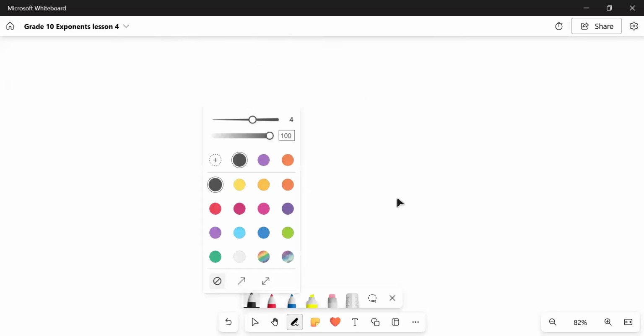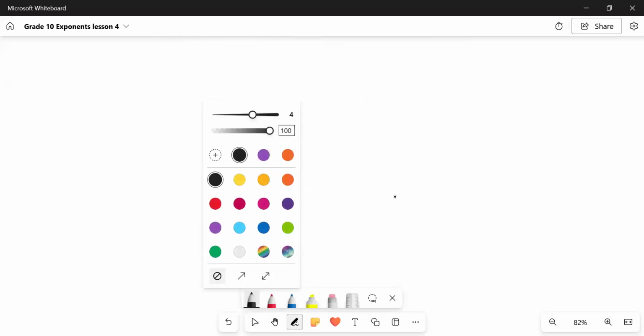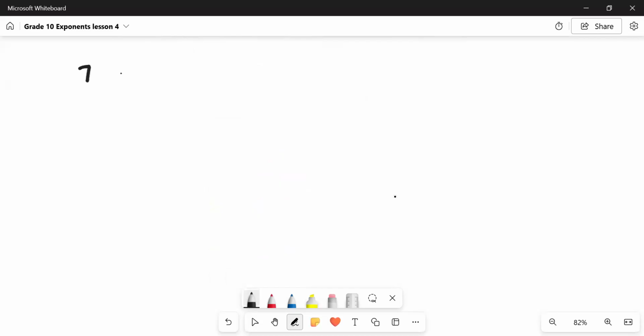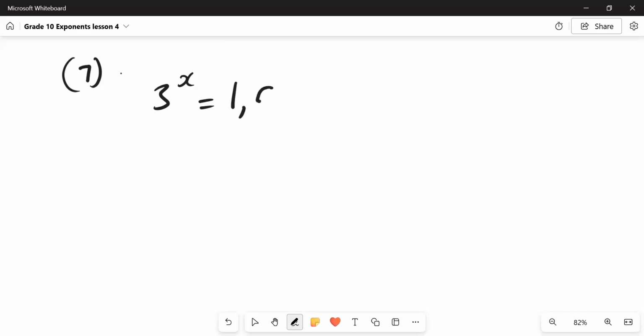Another example, solving for x. Example 7. Given 3 to the power of x equals 1.5 times 2 to the power of x.